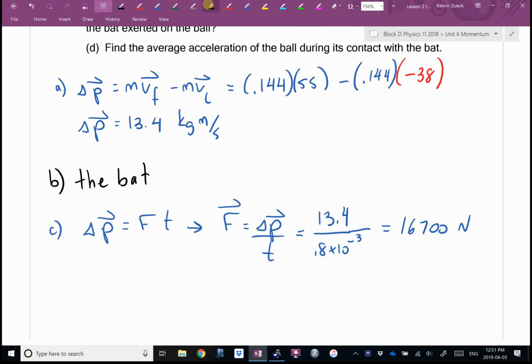What does D want me to find? That's a good question. Sam, what does D want me to find? Average acceleration. What did I find in part C? Average force. Is there an equation that has force and acceleration in it? F equals ma.